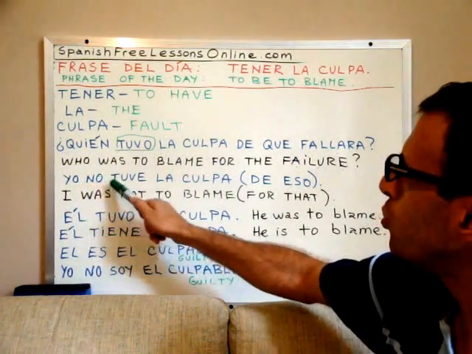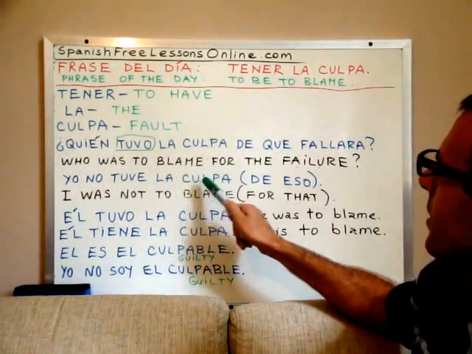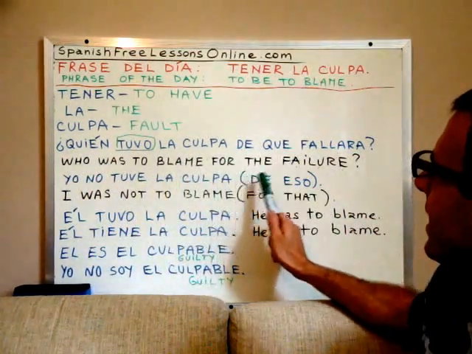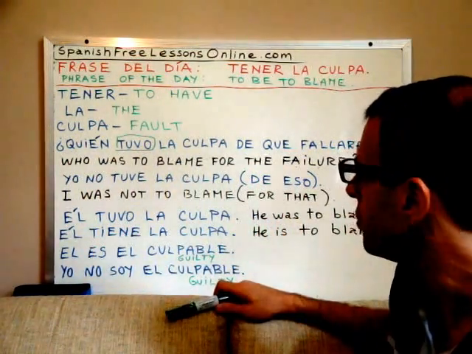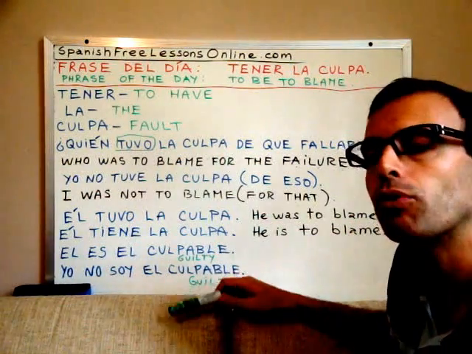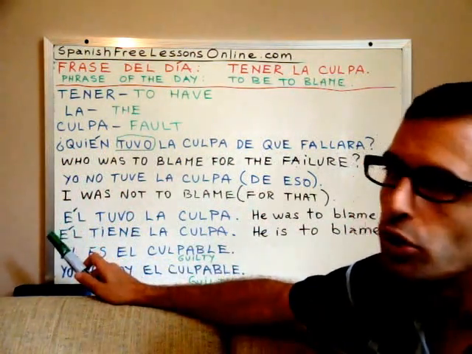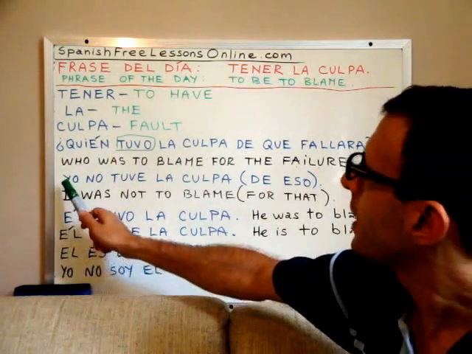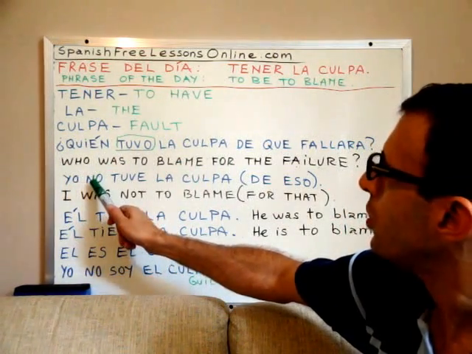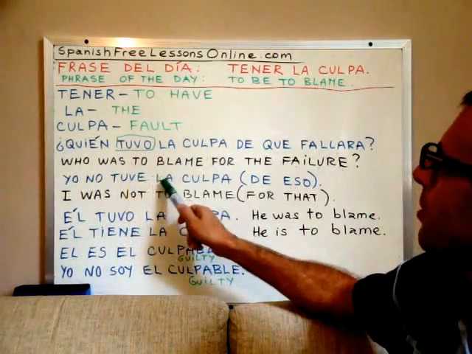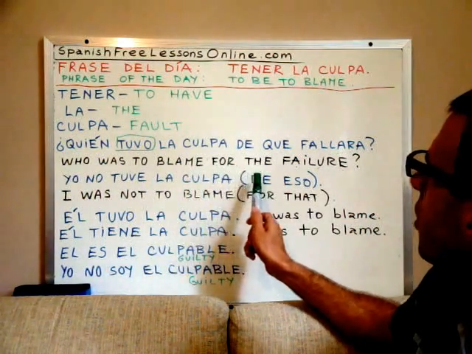Yo no tuve la culpa, or yo no tuve la culpa de eso. I was not to blame, or I was not to blame for that. This word by word would mean I not had the blame of that.